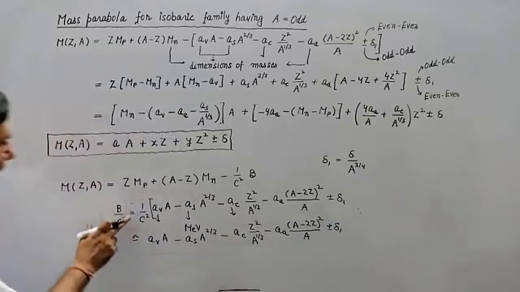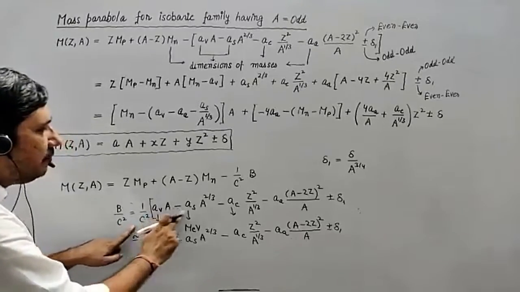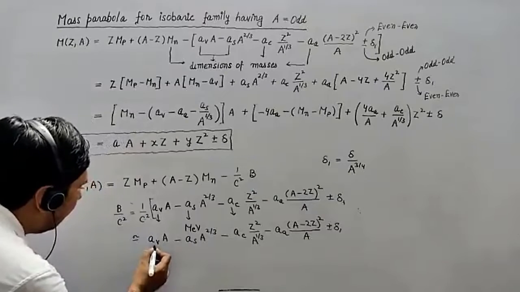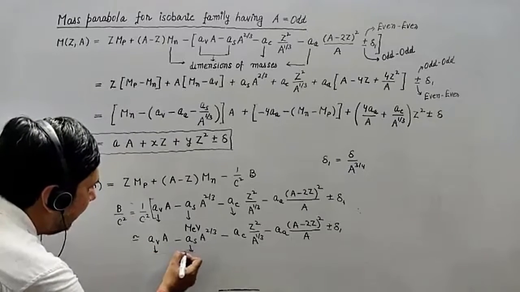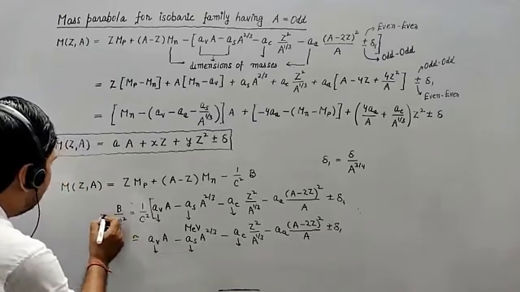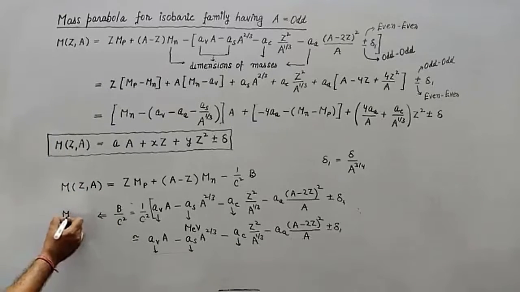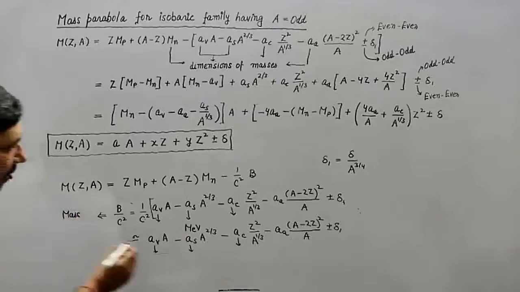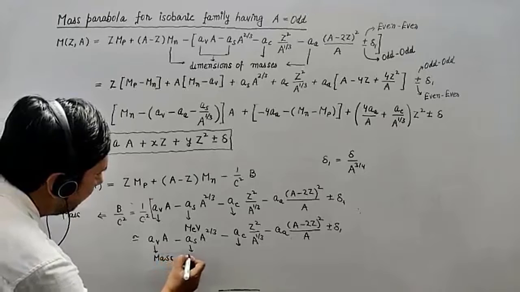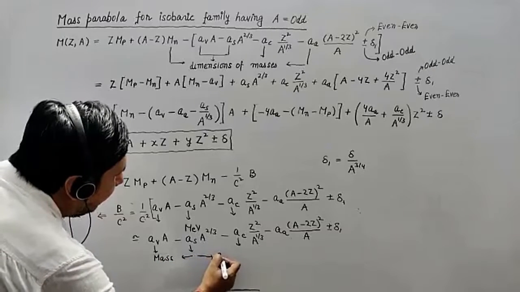But when I have associated this c square with a_V, a_S, a_C, a_A and delta 1, then B upon c square has the dimension of mass. So now they all will have the dimension of mass, and the unit of mass is amu.